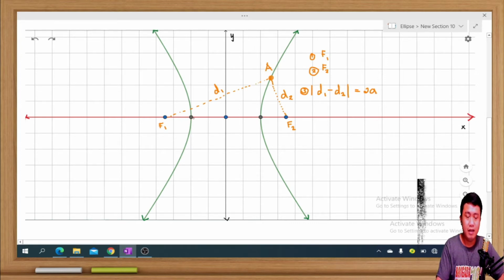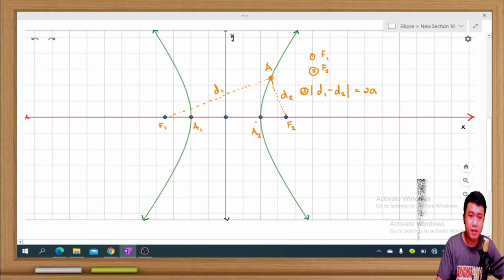Yun yung length from the vertices. Ito po yung vertex. Sabihin na lang natin na ang ating vertex na una ay a sub 1. Vertex po yan. And this one is the second vertex, a sub 2.